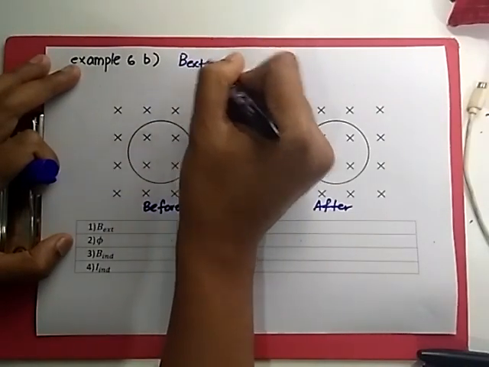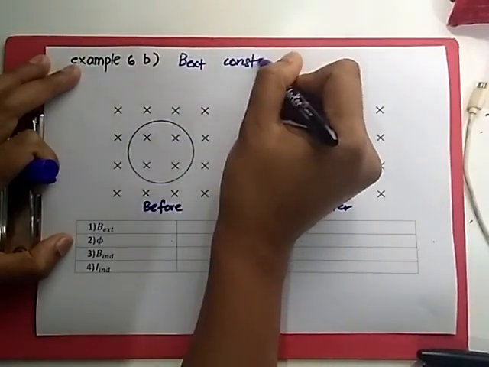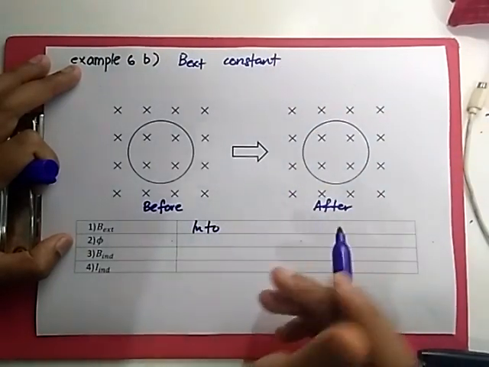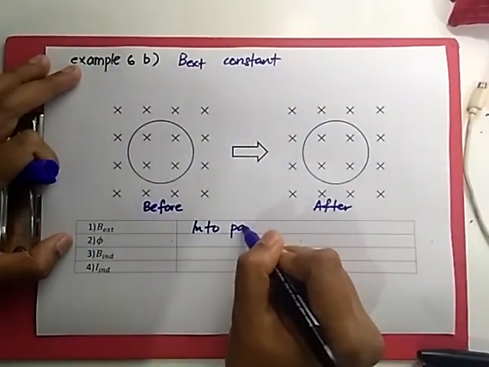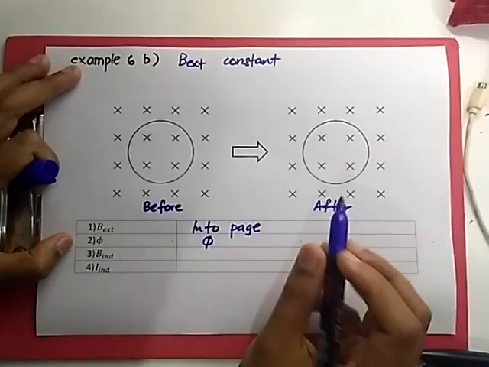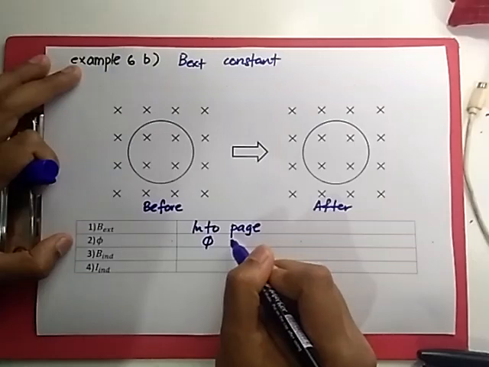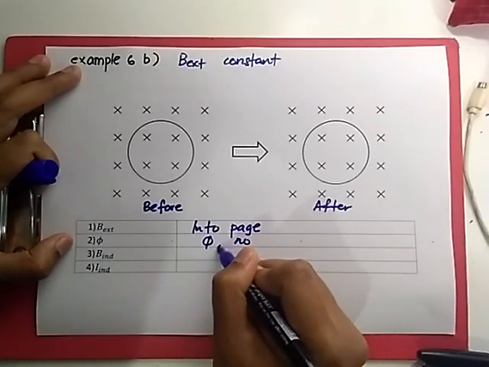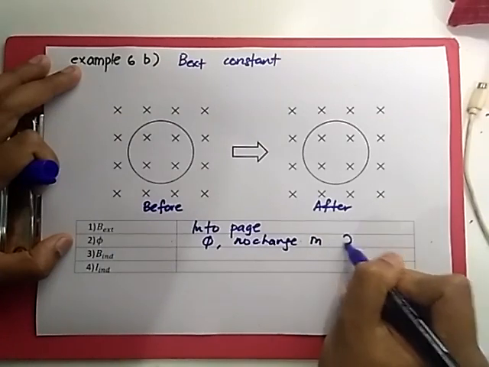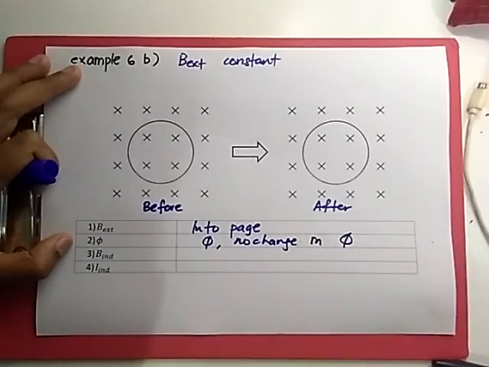So, B external is constant. So, walaupun kita tahu ada external magnetic field into the page, but there is no change in magnetic flux. Okay, so no change in magnetic flux.